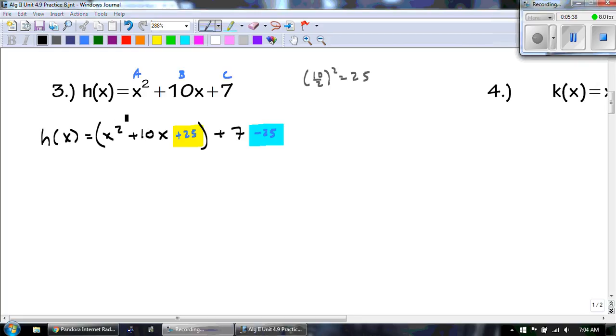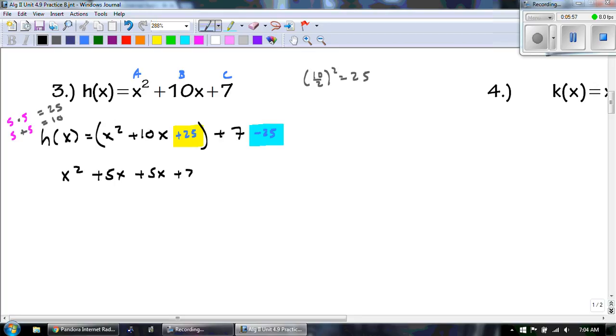Okay, so you should have gotten 25. And so we're looking for numbers that multiply to get 25 and add to get 10. What are those? Yeah, 5 and 5. So we get x squared plus 5x plus 5x plus 25.